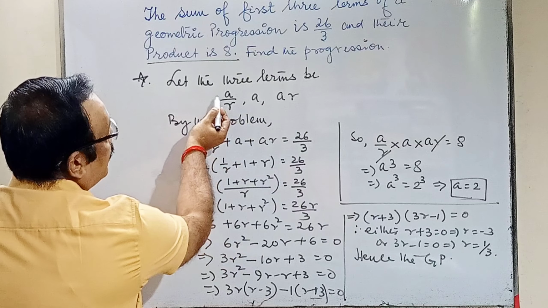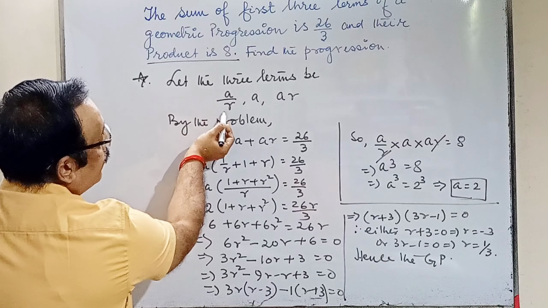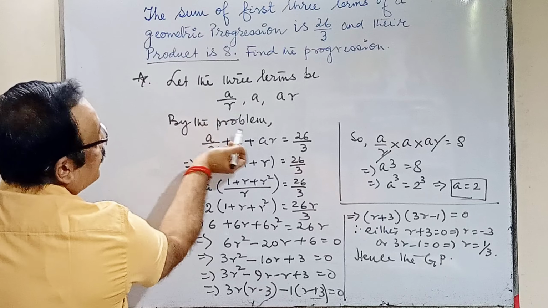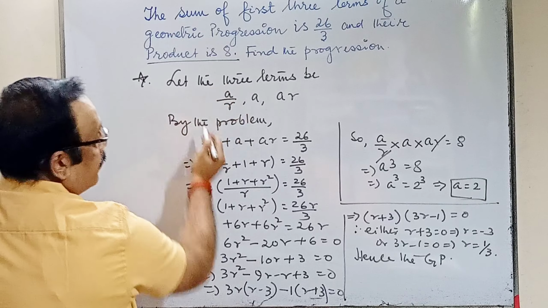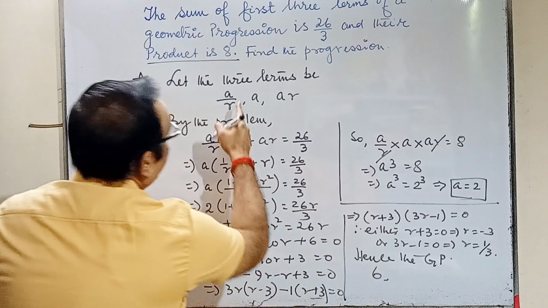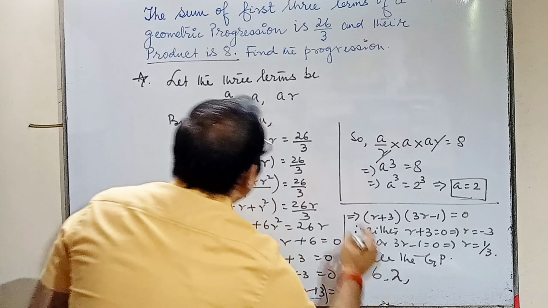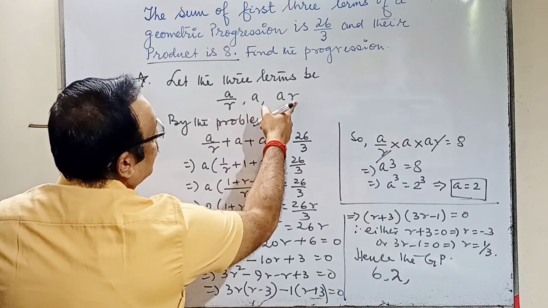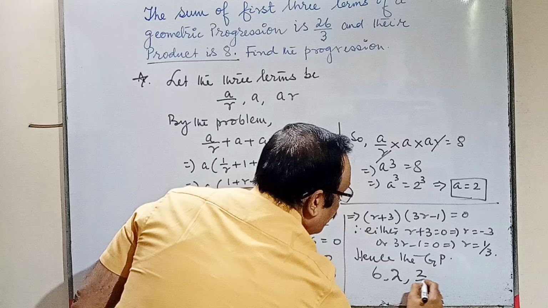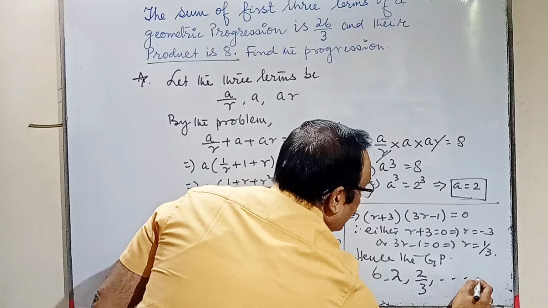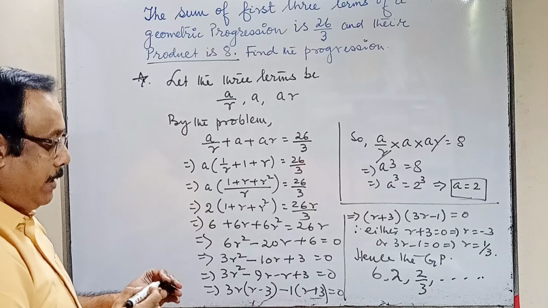If I put R as 1 by 3, it will get reversed, so it will become 6, 2, and 2 by 3. This is our required GP.